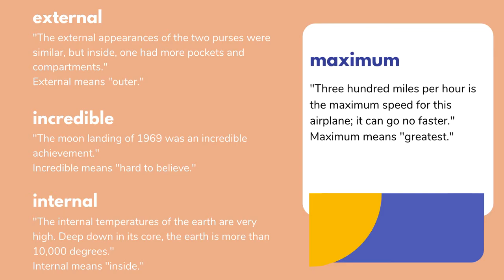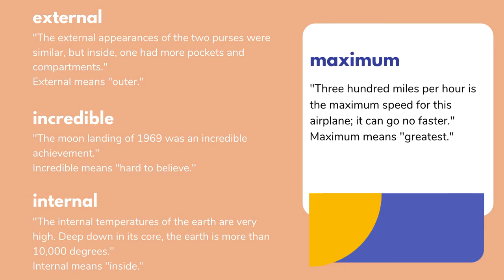Incredible, number 4. "The moon landing of 1969 was an incredible achievement." Incredible means hard to believe. Internal. "The internal temperatures of the Earth are very high." Deep down in its core, the Earth is more than 10,000 degrees.